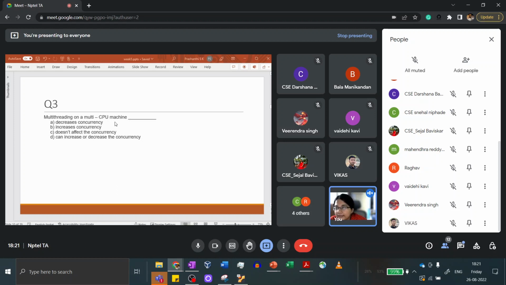Multi-threading on a multi-CPU machine: decreases concurrency, increases concurrency, doesn't affect the concurrency, or can increase or decrease the concurrency. What do you guys think is the answer?